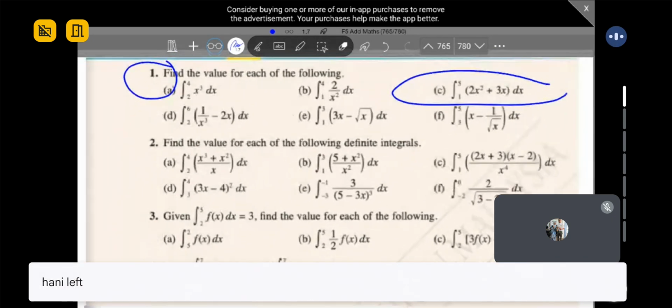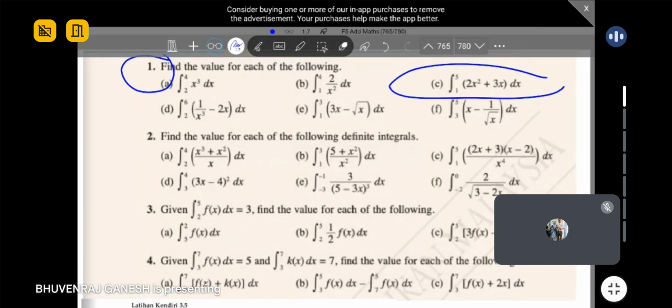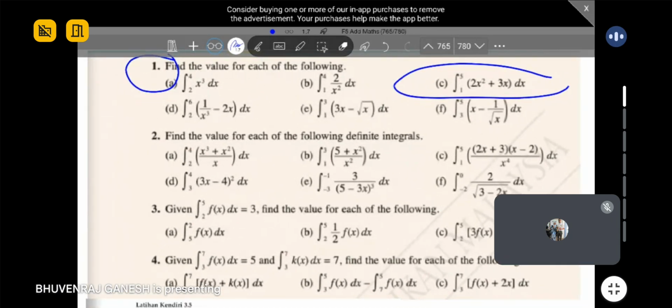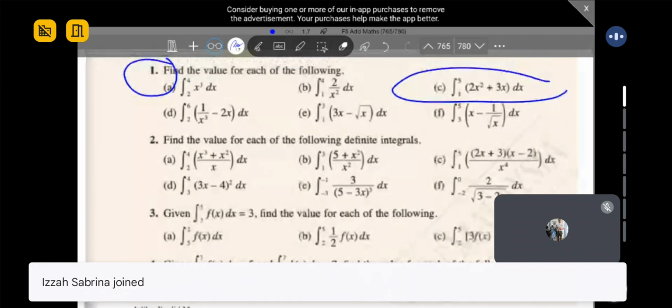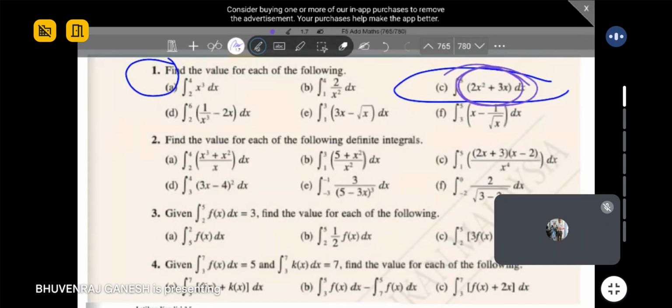Okay, so first part, kita kena kamirkan. Okay, second step, kita gantikan limit. We substitute the had. Okay, so guys, cuba bagi tahu saya, selepas kamu kamirkan yang ni, after you integrate this, kamu dapat apa? Jawapan kamu. Sebelum kamu gantikan had, before you sub the limit, what do you all get?